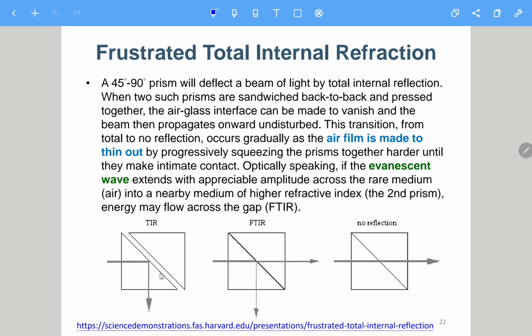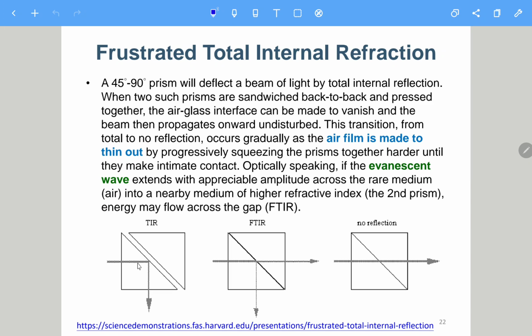So here, just imagine this is a stream, with 45-90 degrees. If we have two streams, and they are placed far away enough, then the incident light is totally internally refracted.